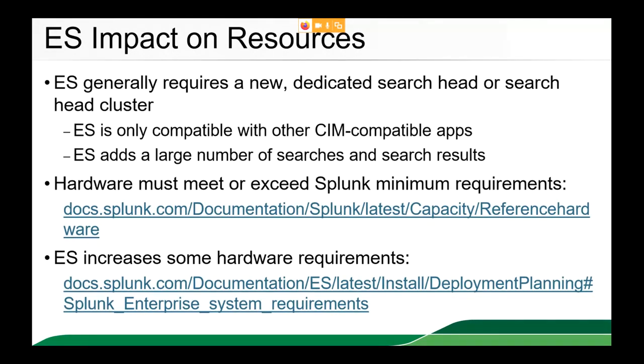When you search the data, the amount of resources it needs is one CPU per search. That's why ES is search intensive, because it's running all the correlation rules, alerts, and reports at the same time. So that's why it needs a single, dedicated search head.